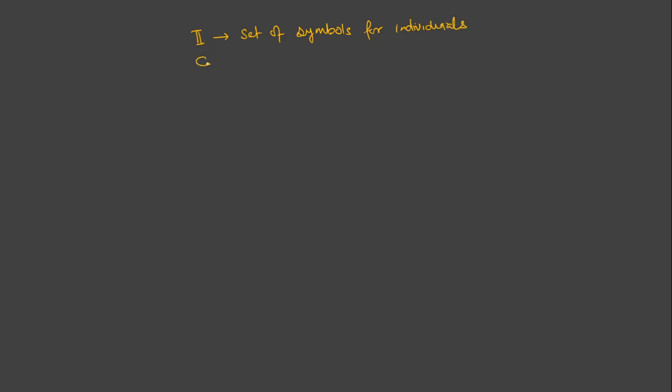And the stylized C is the set of symbols for the class names. Okay, you are using symbols, right? So that will be classes. And finally, we have got stylized R, which is basically the set of symbols for roles, right?